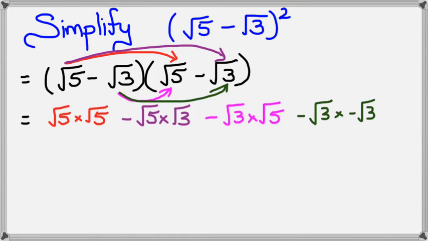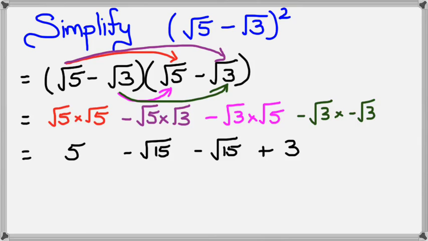Simplifying this further, square root of 5 times square root of 5 is 5. These ones are going to be negative square root of 15, and the pink one is also going to be negative square root of 15. And negative square root of 3 times negative square root of 3 will become positive 3. So simplifying this, I would get 8 minus 2 square root of 15.